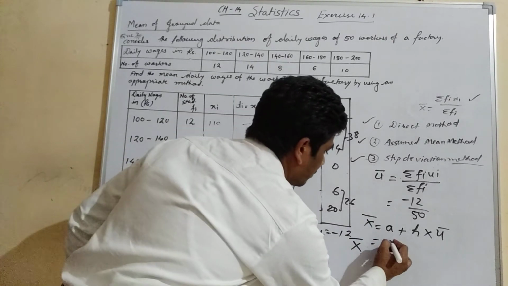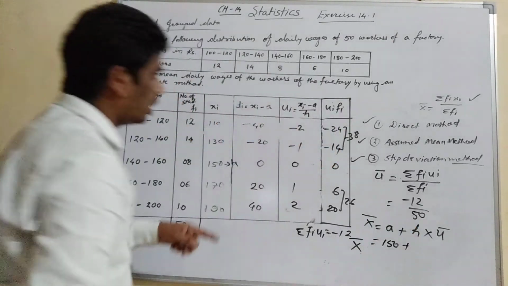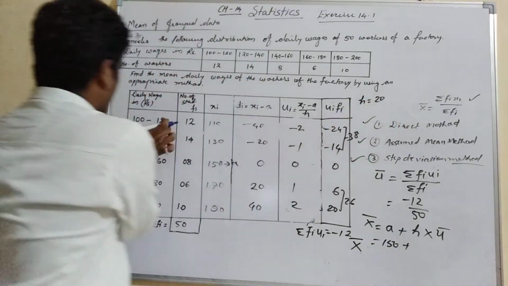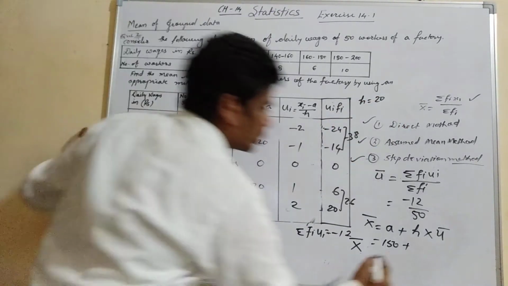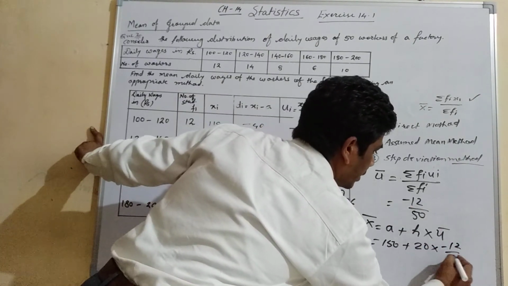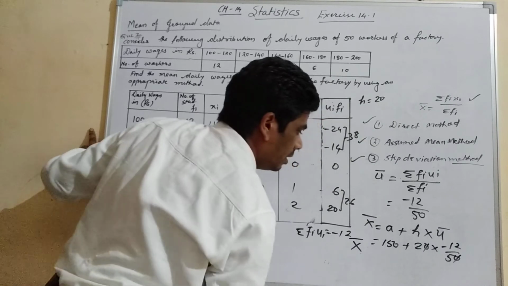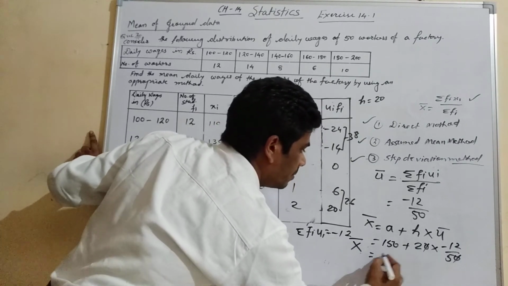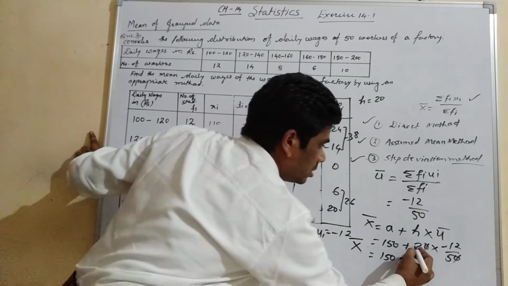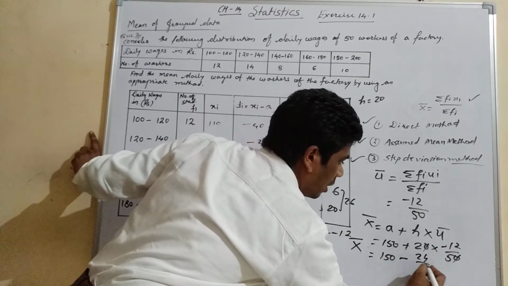So a we got 150, plus h we got how much? h is equal to 20, because the difference is 20. So 20 into u bar we got minus 12 upon 50. So 0 0 will be cancelled. It will be 150 plus minus minus. This 12 2s are 24 upon 5.